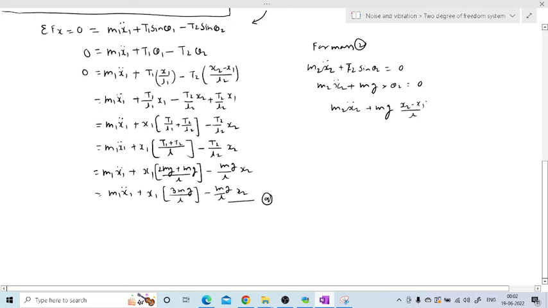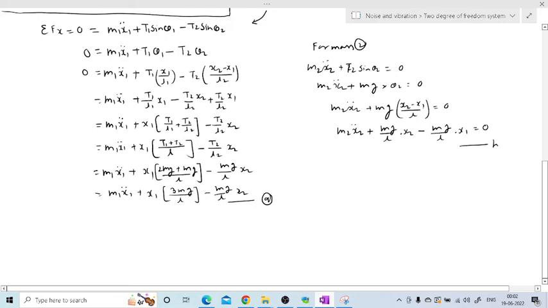See, instead of L2 I am writing L because the length is given as same. So m2 x2 double dot plus mg by L into x2, then minus mg by L into x1 is equal to 0.